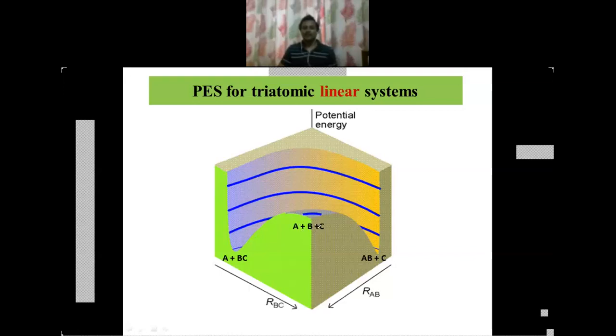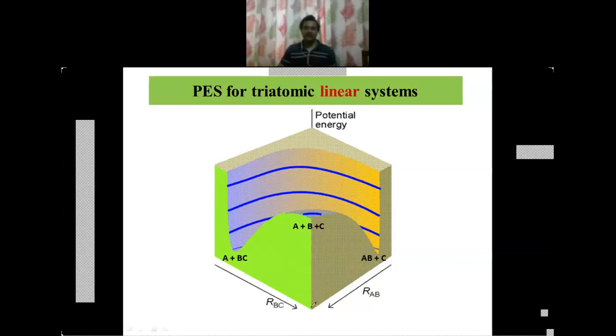Right. Now if you think about compared to this, now A is still infinitely separated, but there is an interaction between B, C. So I am coming from this place. This is A plus B plus C, and this is the potential energy.